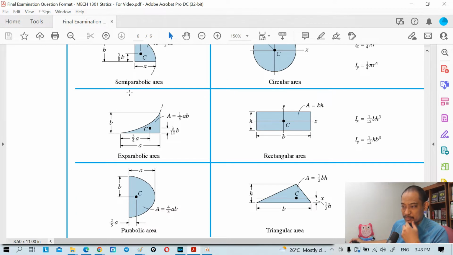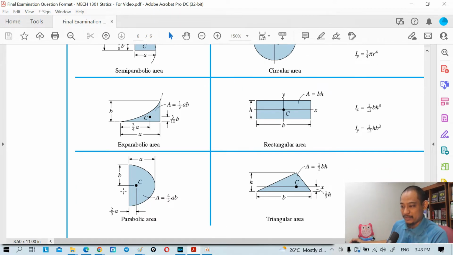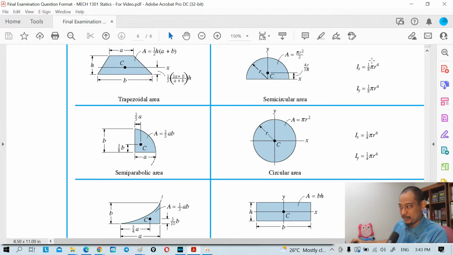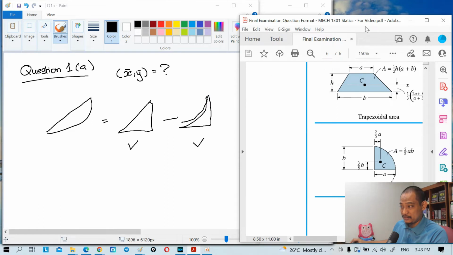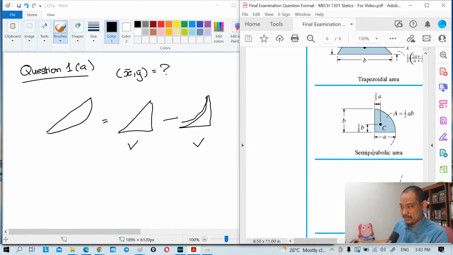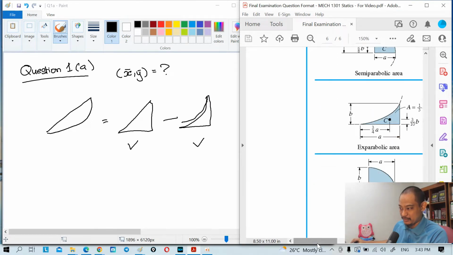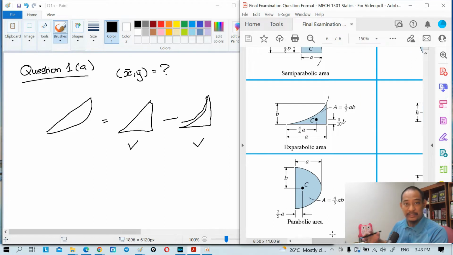But each curve has its own name: semi-parabolic, x-parabolic, and parabolic. Now, if you have your own curve, just like we have just now, is it semi-parabolic, is it x-parabolic, or is it parabolic, or is it something else? If it's something else, then you cannot use any of these 3, right? So make sure you understand that.